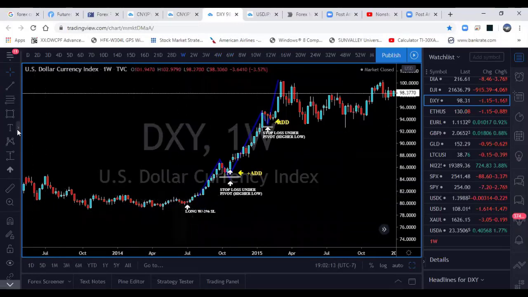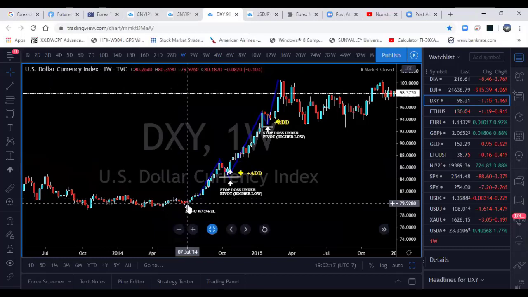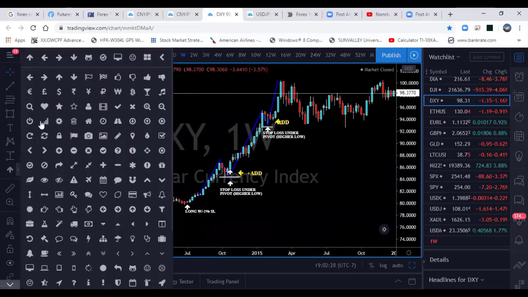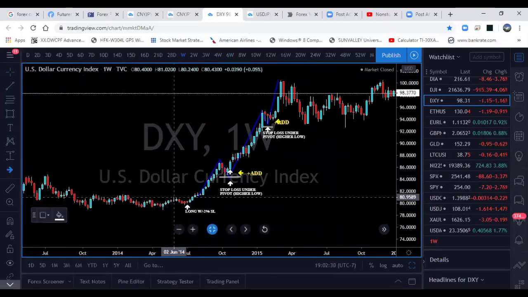And you only want to move it above your entry equal to the spread. So if spread is 3 pips or 5 pips, then you would put your positive stop loss 3 to 5 pips above your original entry. And you're going to stay there until this thing takes off again.